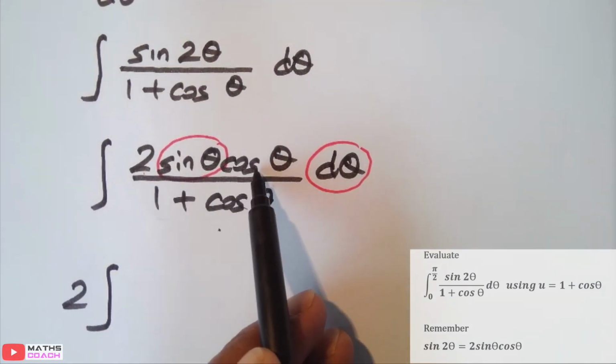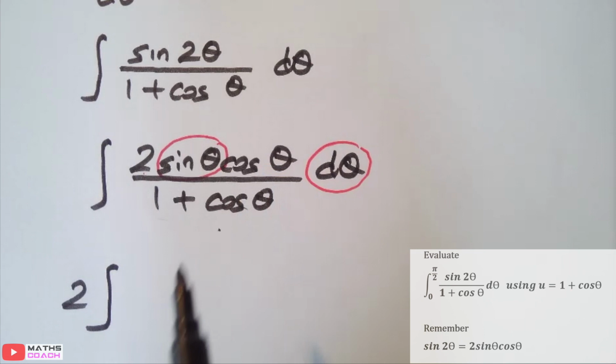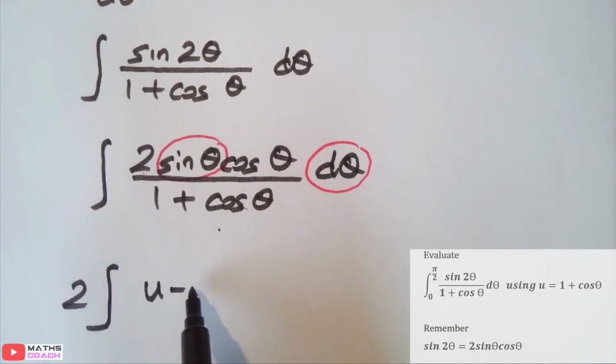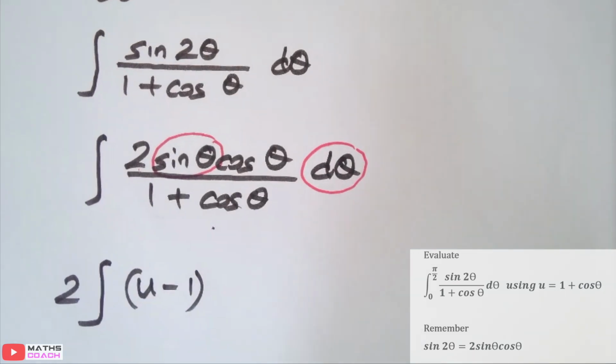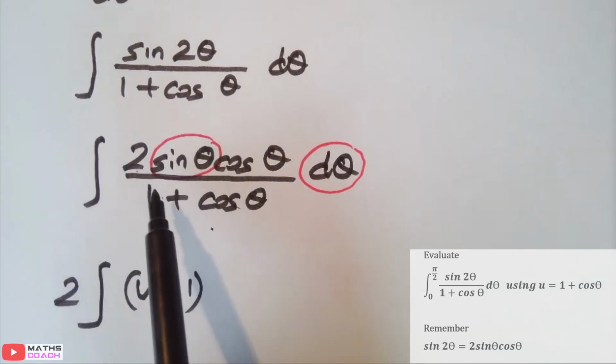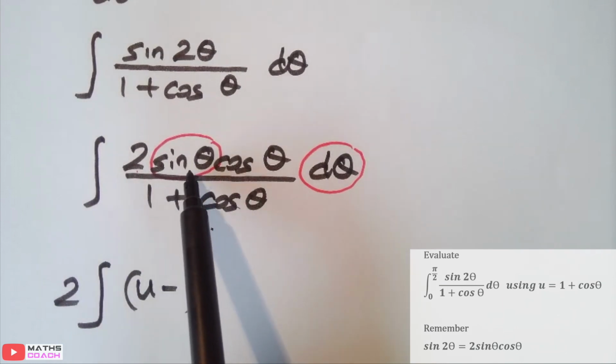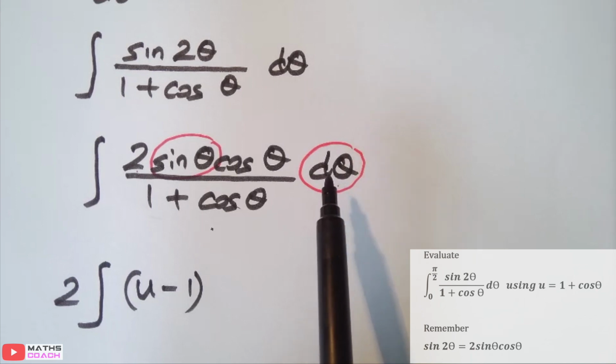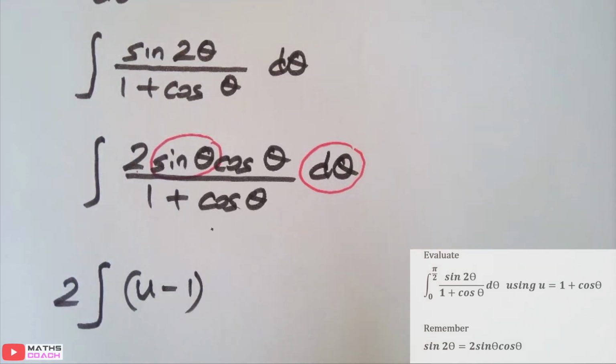The cos theta here is the same as u minus 1. You can put that in brackets. Then we're left with a sine theta d theta, but a sine theta d theta, as you remember earlier, was negative du.